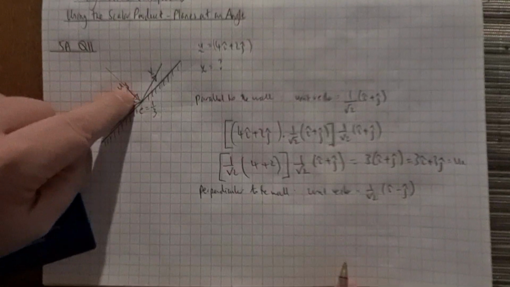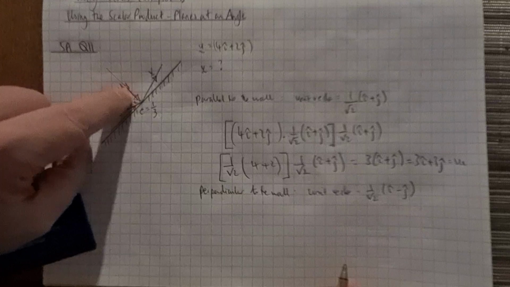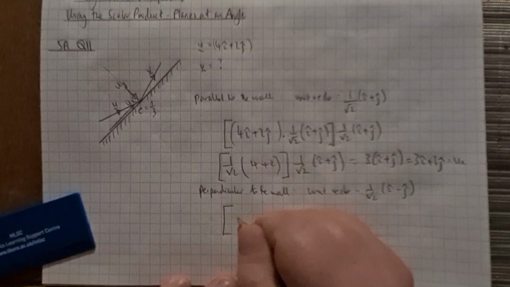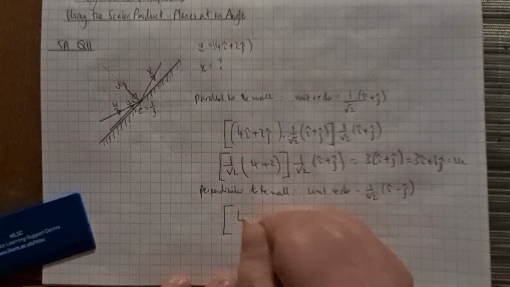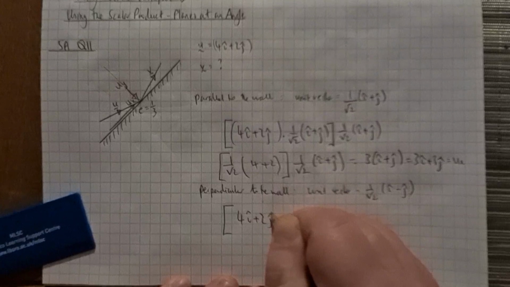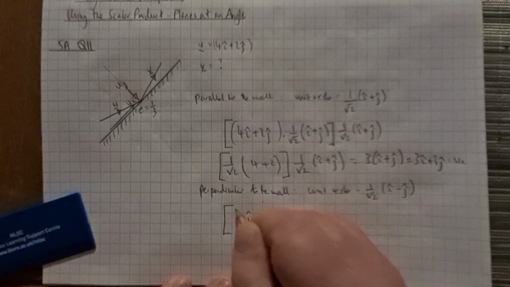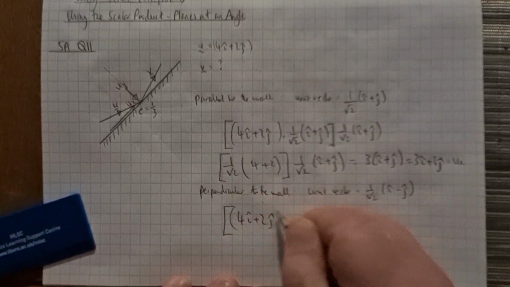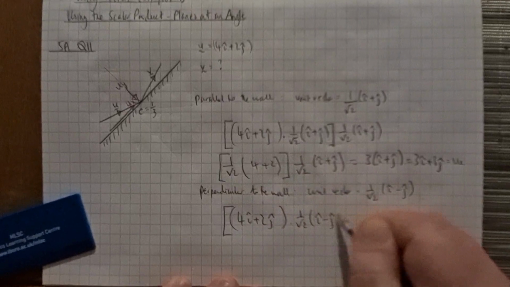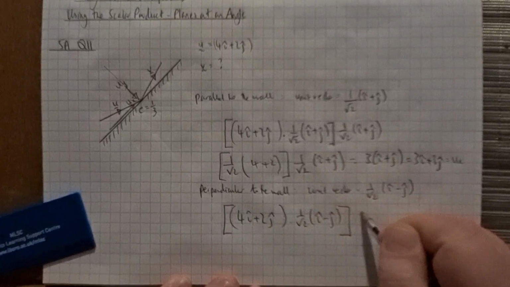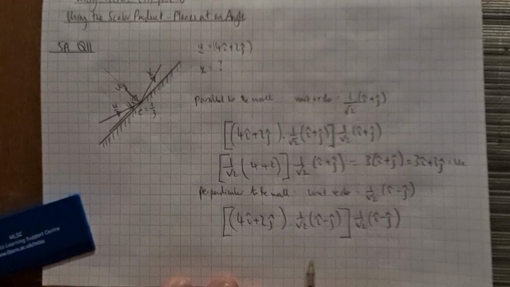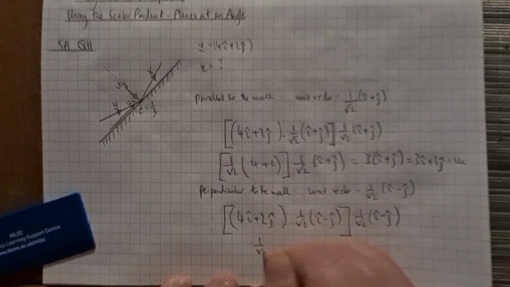To find the actual value of this in vector form, again we're going to do the dot product. We're going to have 4i plus 2j dot 1 over root 2 times i minus j, and then we multiply by the unit vector. So again we're going to have 1 over root 2.